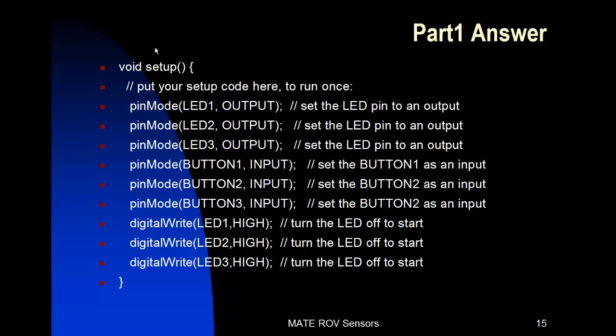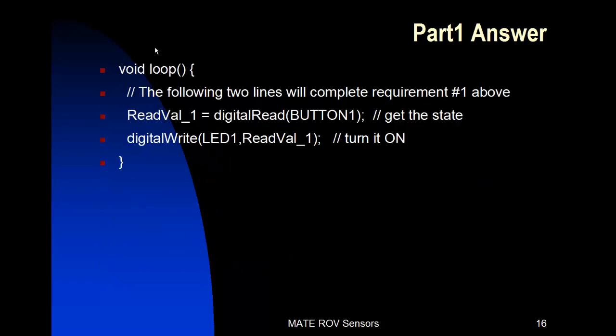Now here's the big code, all 2 lines of it, that'll take care of requirement number 1. Read val _1 is equal to digital read with the pin number button 1. So we go get the state, and then we turn around and write that back out to digital write LED 1, and then the value contained in read val 1, to turn it on or off in this case.